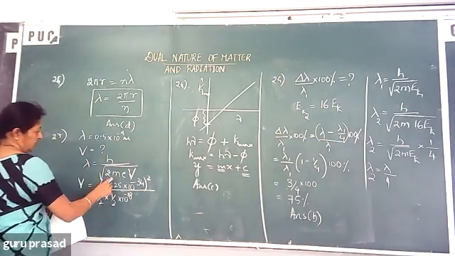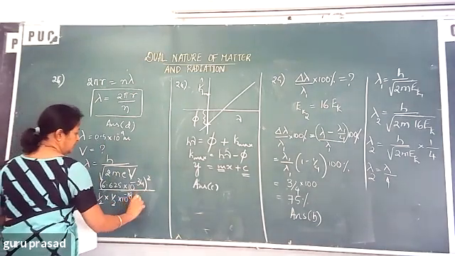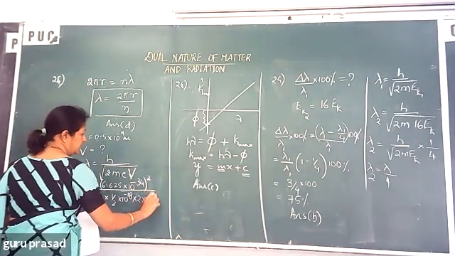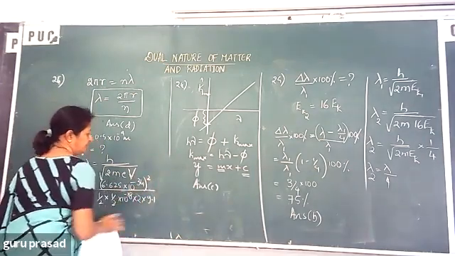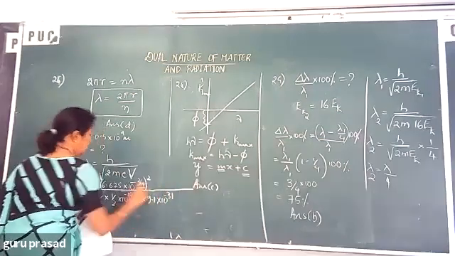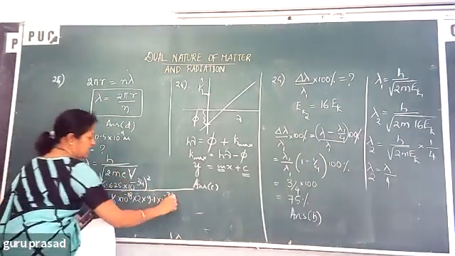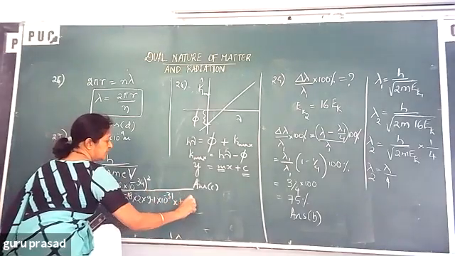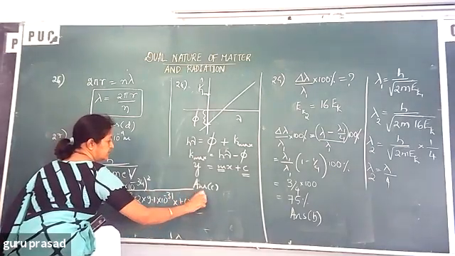That is over into 2 into mass of the electron 9.1 into 10 power minus 31 kg, okay, mass of the electron, and charge of the electron 1.6 into 10 power minus 19.